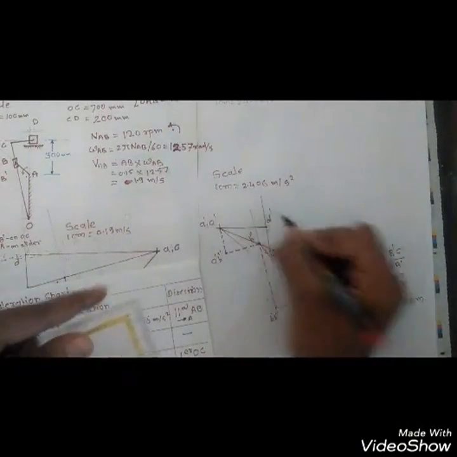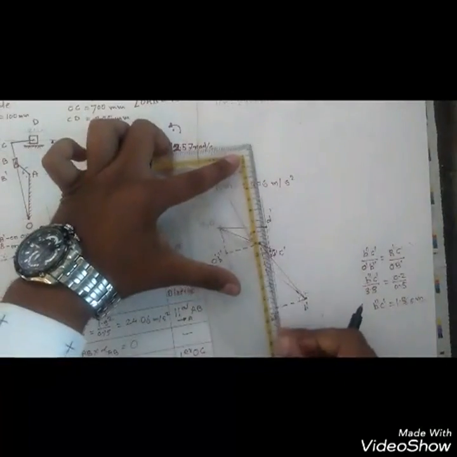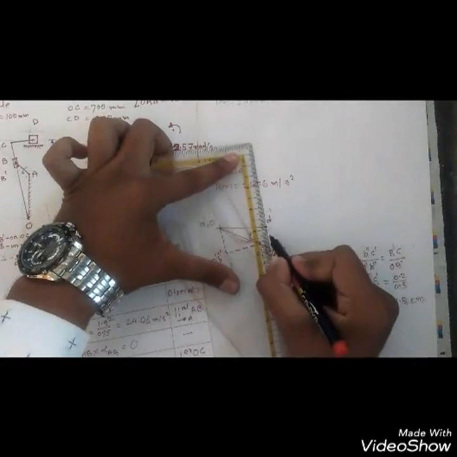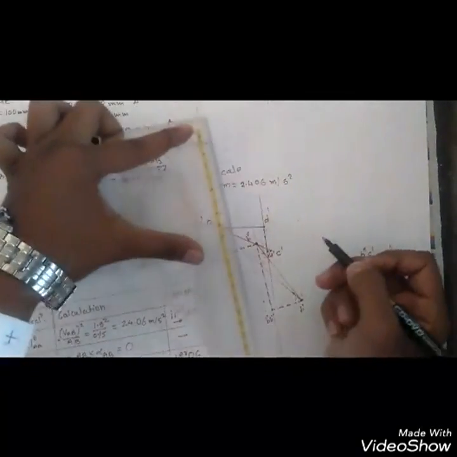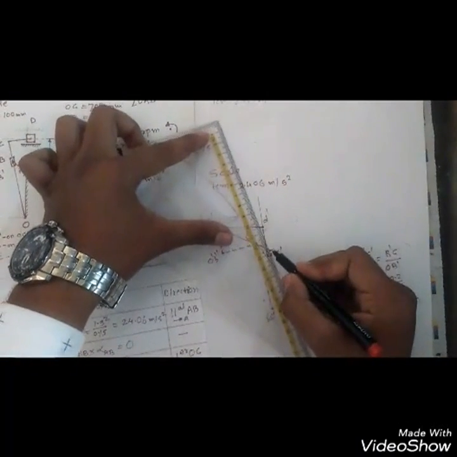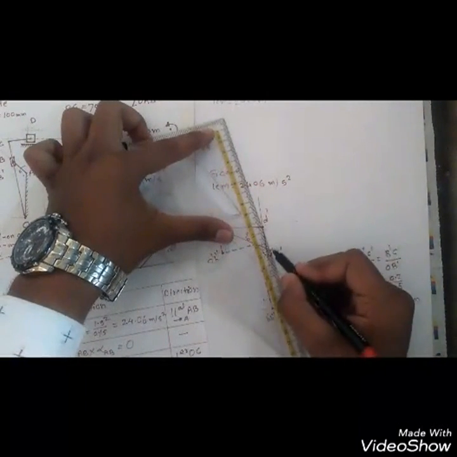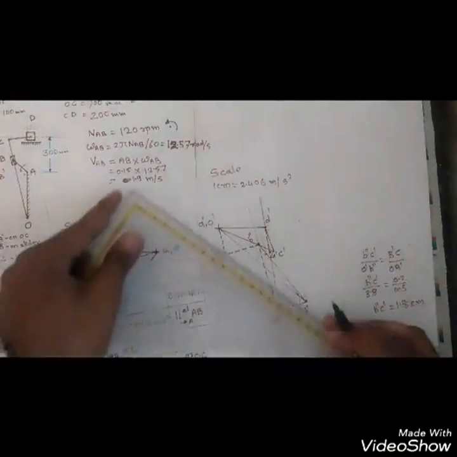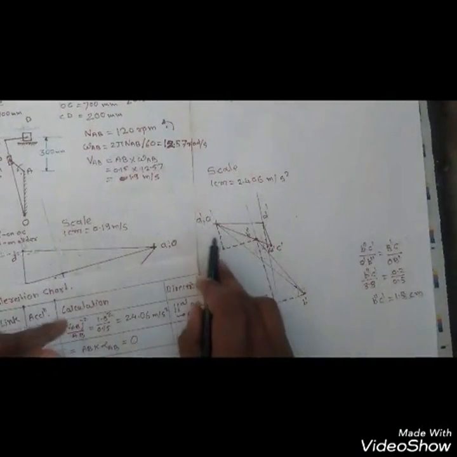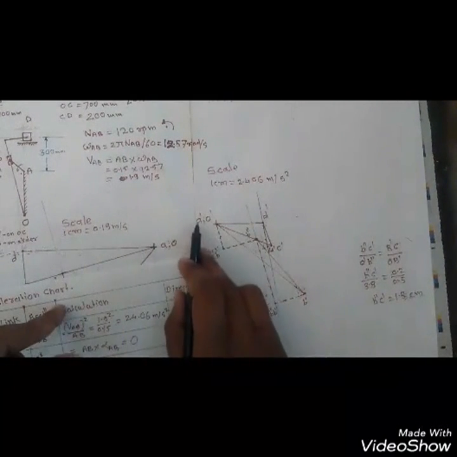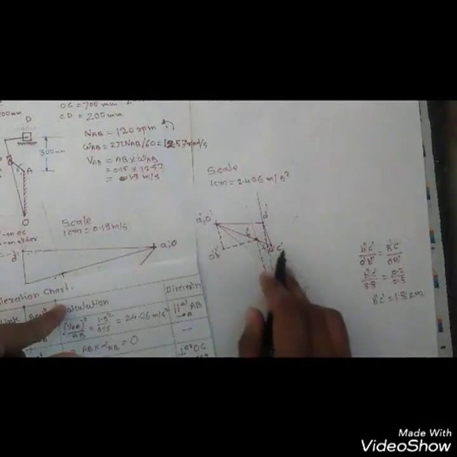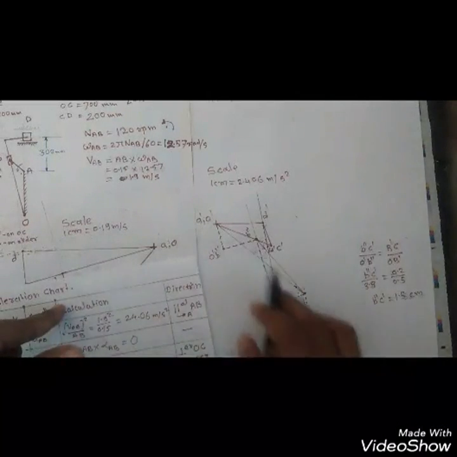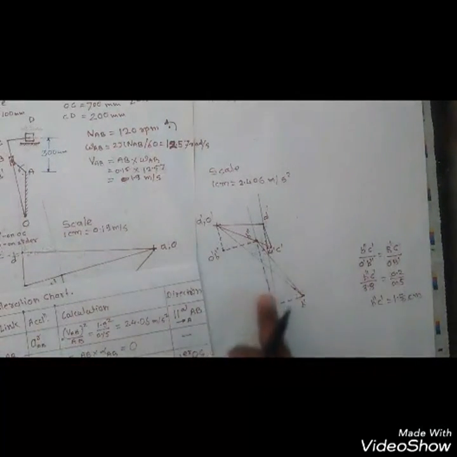This is our point D dash. After getting this, whatever we have drawn with pencil, you can join C dash D dash. So now our acceleration diagram is over. We have obtained all points A dash, B dash, B double dash, C dash, D dash.